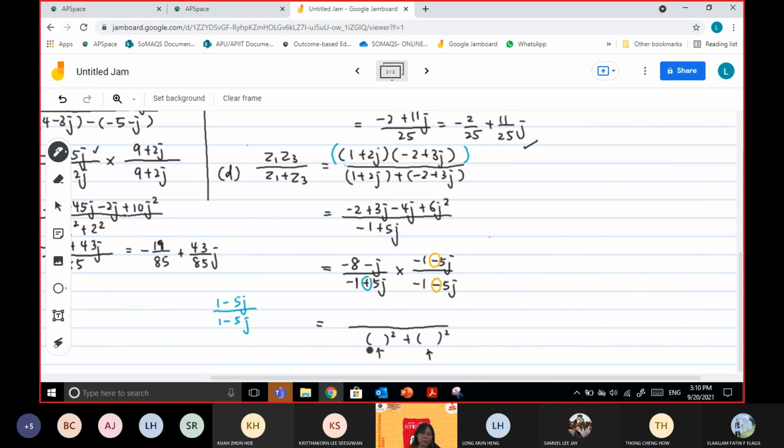Can you still remember during last week's class, I told you about complex numbers multiplied with the conjugate? Can you see -1 plus 5j multiplied with -1 minus 5j? We can calculate it faster by identifying the real part.